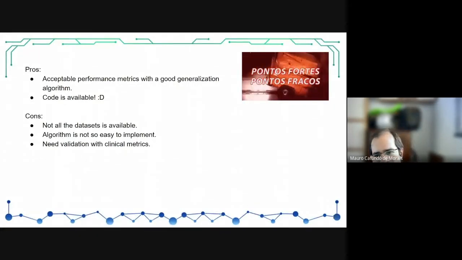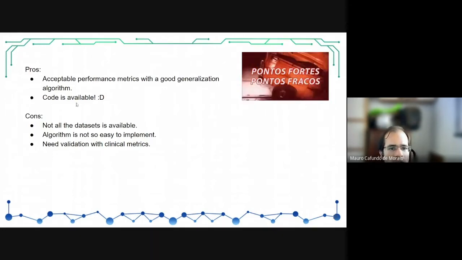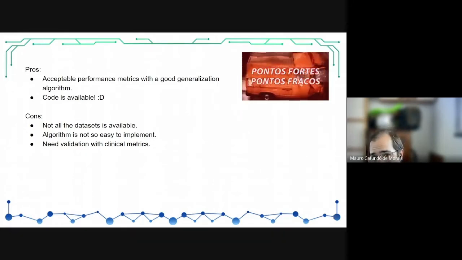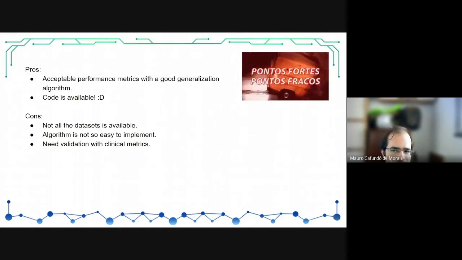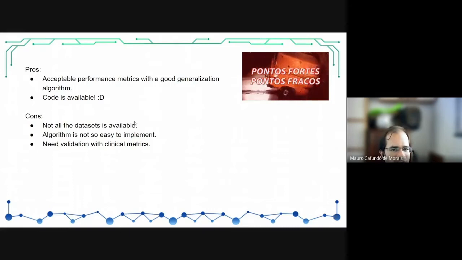So what I did like on this paper was that there is an acceptable performance with a good generalization. The code is available, so you can download the model and apply it on your images. I'm working on this now. And some things that are not so good: first of all, not all datasets are available.